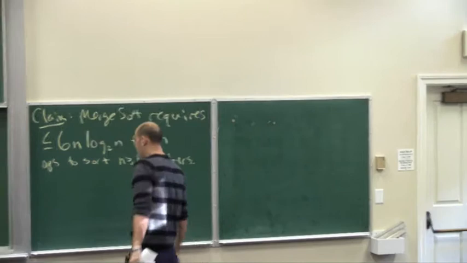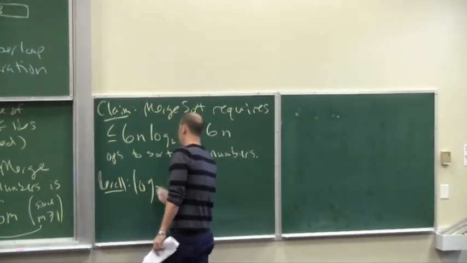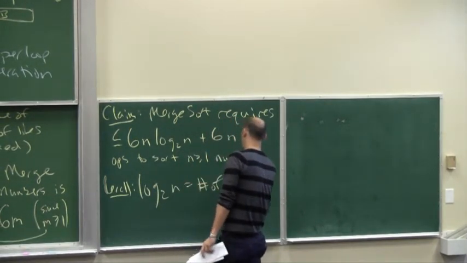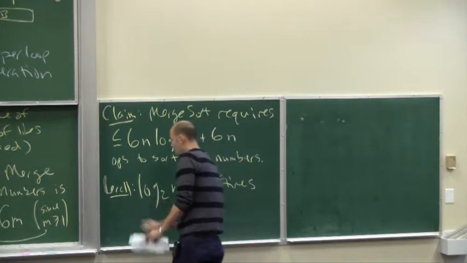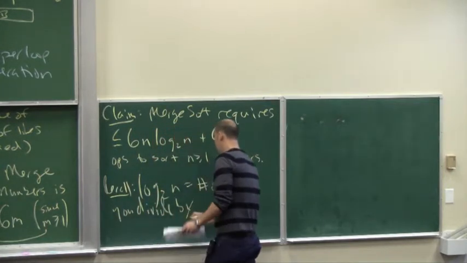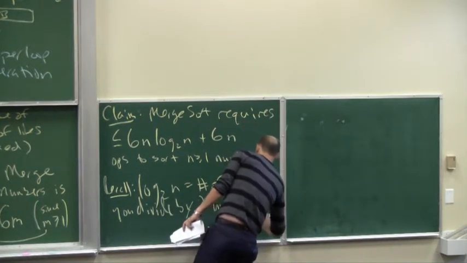So recall, log base 2 of n is the number of times you divide by 2 until you get to 1.